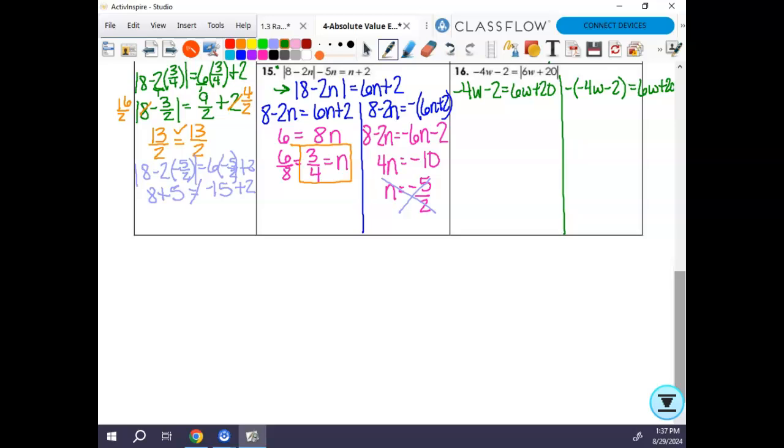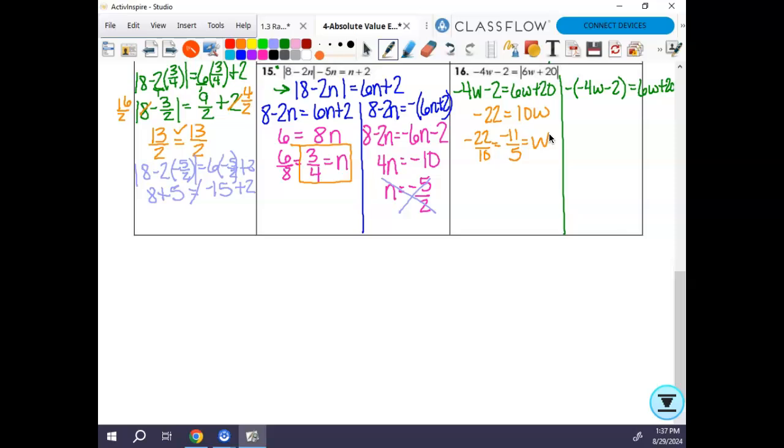So here, when I solve this one, I'd add this over here. So I think I would get 10w here and negative 22 over here. Yep, okay. Then I divide, and I'm going to get negative 22 over 10 equals negative 11 over 5, and that's w. Everybody good with that one?